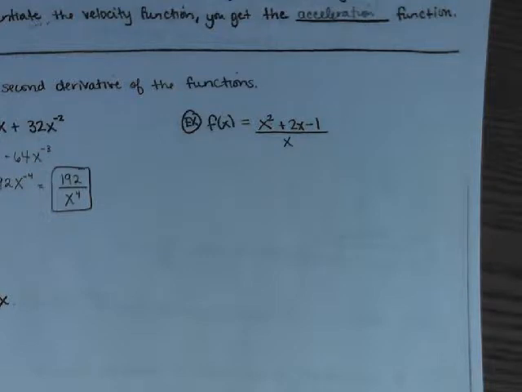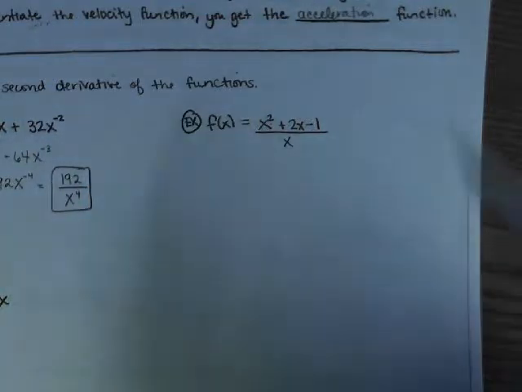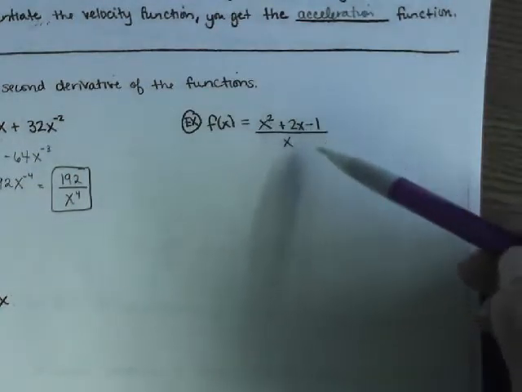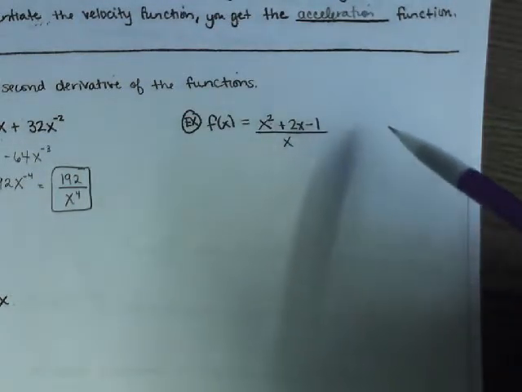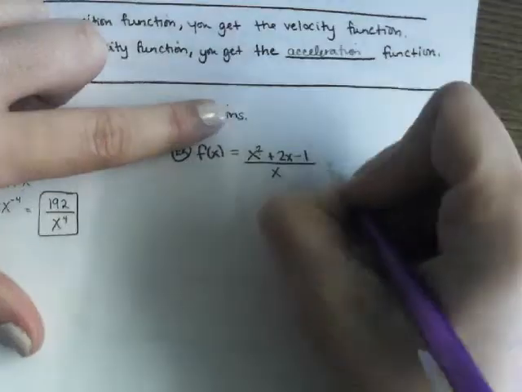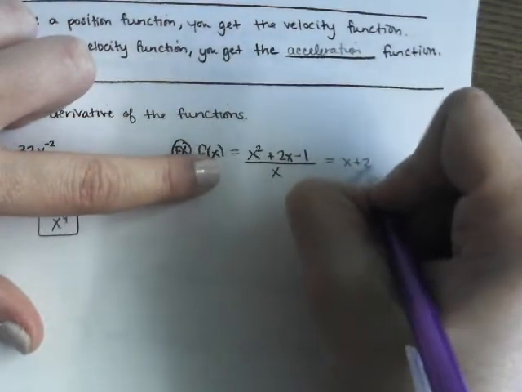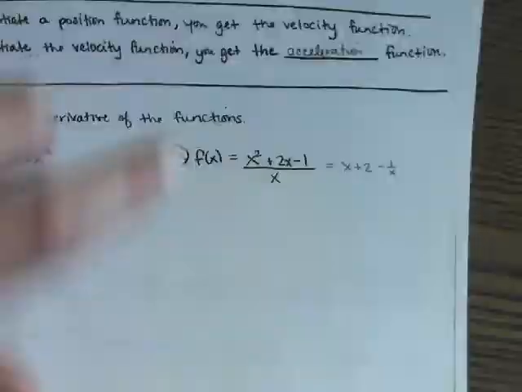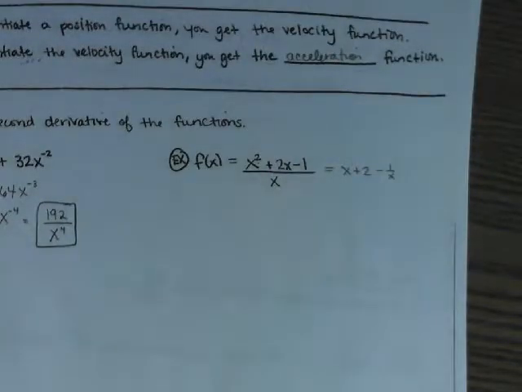I said split it into x squared over x and 2x minus 1 over x. Right, I think the two legitimate options are to actually do the division out and simplify this original function so that we've simplified it to x plus 2 minus 1 over x, and then take the derivative of that, because we've turned it into a plain old polynomial.